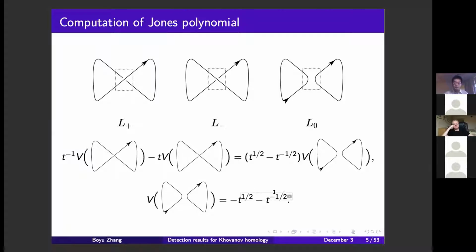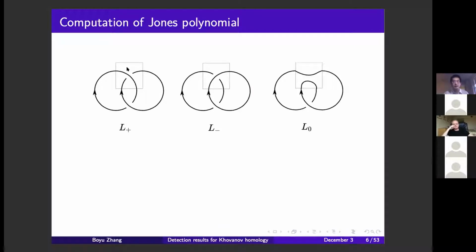By the way, although it's called the Jones polynomial, we see from this computation that it is actually a Laurent polynomial in the formal square root of the variable t. Similarly, we can compute the Jones polynomial for more complicated links. For example, take this Hopf link, oriented so that the linking number is positive 1. If we apply the skein relation at this particular crossing, this is L plus, this is L minus, and this is L0.